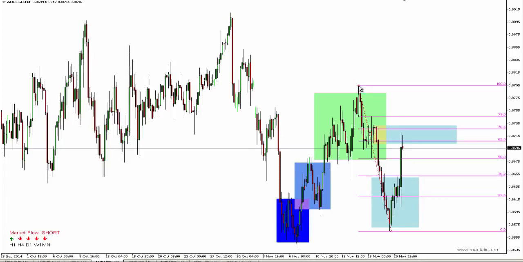So this is what I had for you guys regarding the Aussie dollar. Very nice things happening on this pair this week. I just hope price keeps going down, and this becomes a very nice trade as I expect it to be.